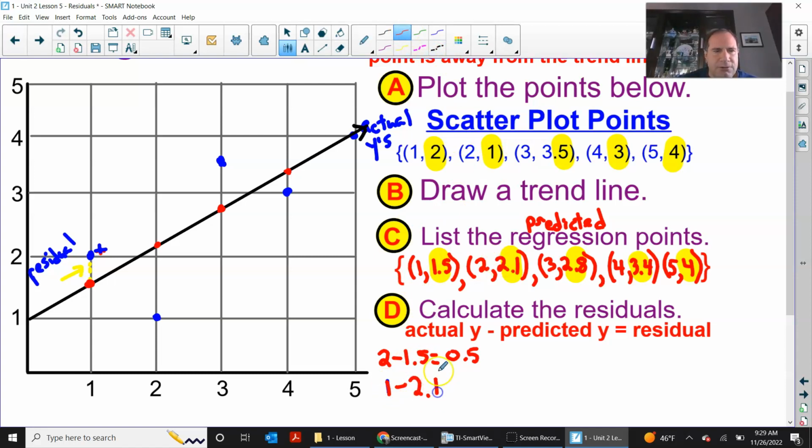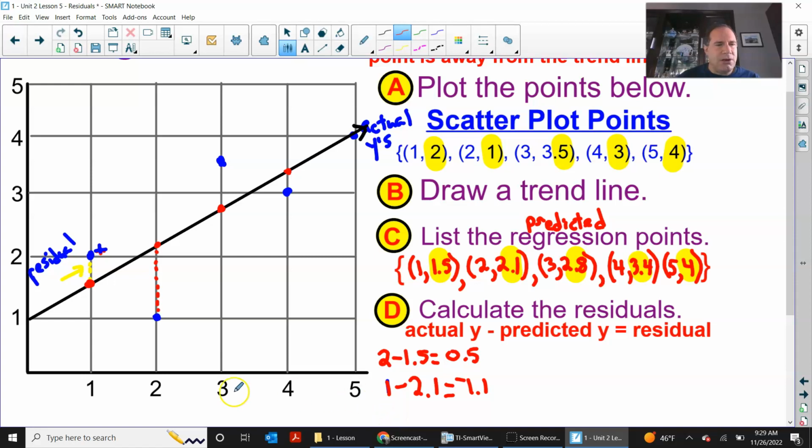And you take a look right here, do you see this? See how far down the actual point is from the predicted point? That means we're definitely going to have a negative, and we do have, when we subtract 1 minus 2.1, it's negative 1.1.